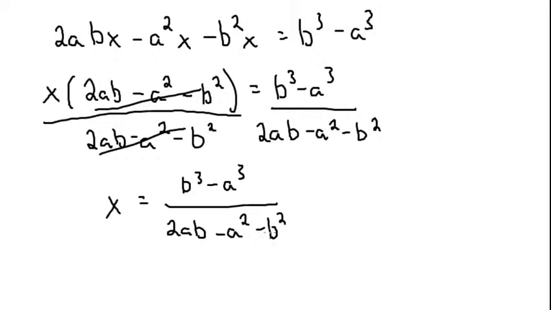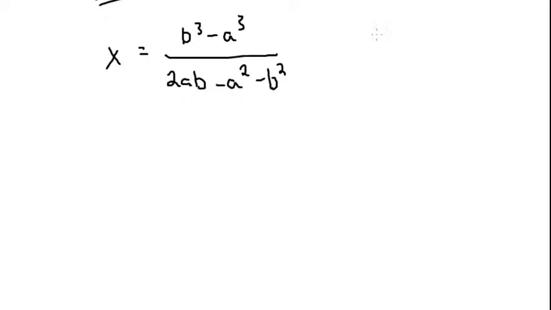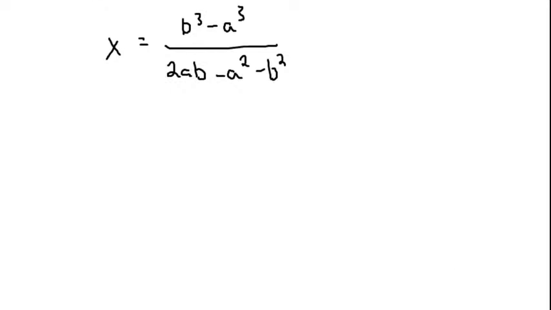We do want to see if we can simplify any more though. So to see if we can simplify, want to see if we can factor the top or the bottom. So let's see. On the top we actually have a difference of cubes. So we can use the difference of cubes formula to factor out the top.